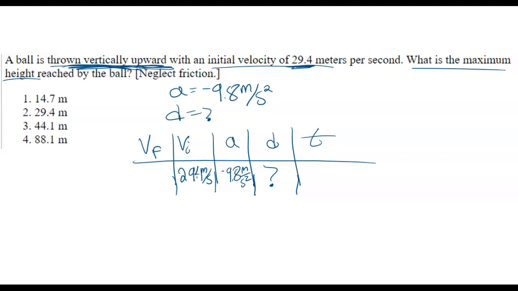If the ball starts here, it goes up, it goes up, it goes up, it's getting slower and slower and slower. At a certain point, it's going to come back down, right? And now it's got a negative velocity that gets bigger and bigger. Well, it has to go from having a positive velocity to having a negative velocity, right?